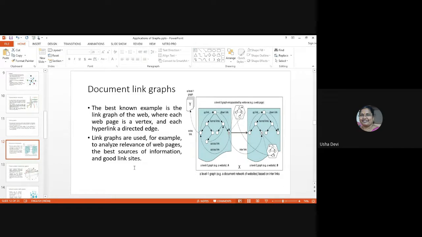Then we have another example, like document link graphs. We have documents which are stored in different servers within the web itself. Just assume this is a server, and all those documents are stored here.